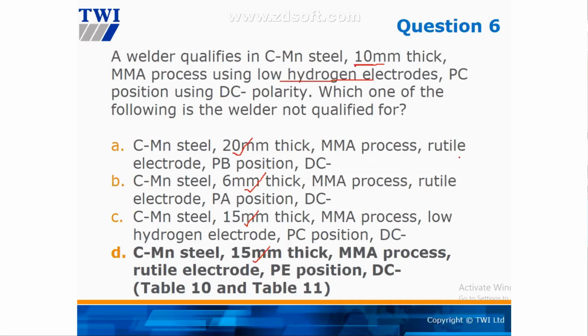So this low hydrogen qualified rutile is also rutile qualified, and this is the same electrode, and this one is rutile. So it should be okay for the electrode. And look at the polarity using DC negative. For all the answers, DC negative, the same. So it should be okay. The same polarity. All right, look at the position using PC position.